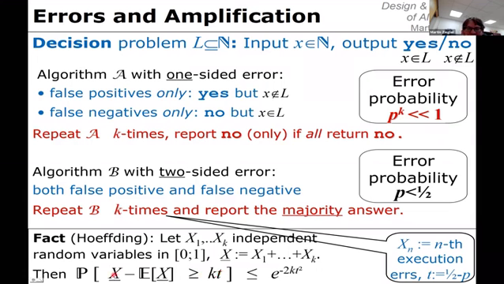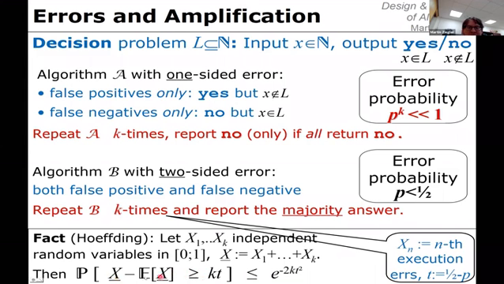So this is the actual number of errors. This is k times p. This is k times 1 over 2 minus p. So by rearranging these terms, this means that the number of errors is more than half, more than k over 2, more than 50% of k. So this is what we're interested in, right?